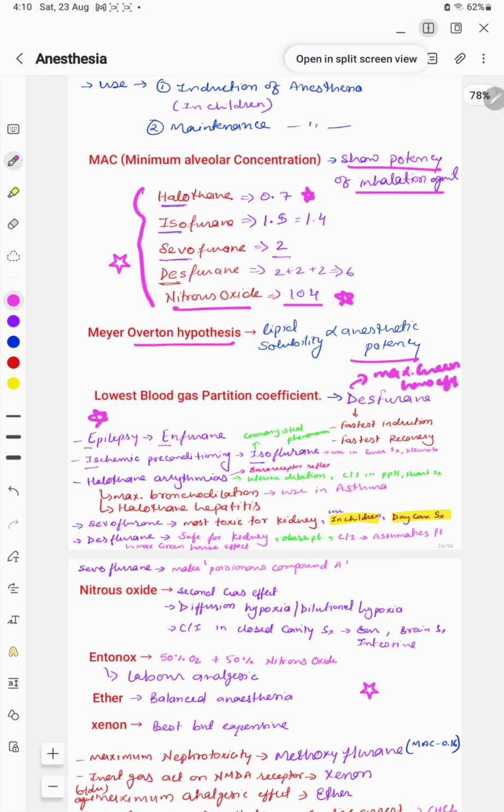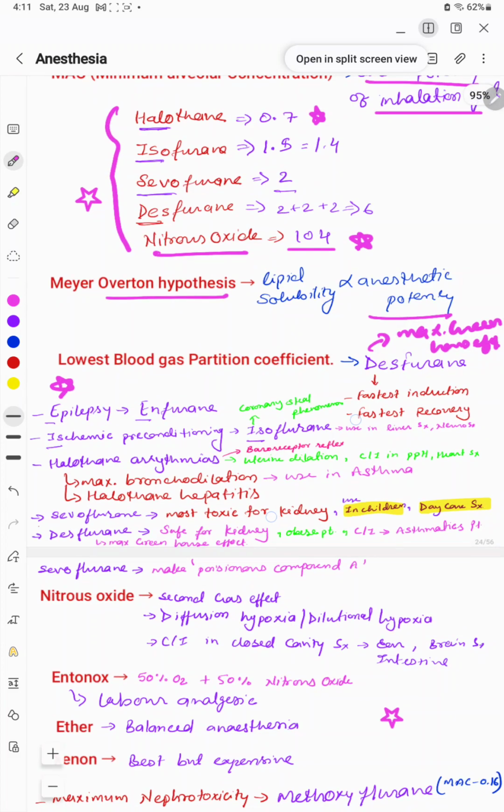So you know: fastest induction, fastest recovery, lowest blood gas partition coefficient, and it produces the maximum greenhouse gas effect.